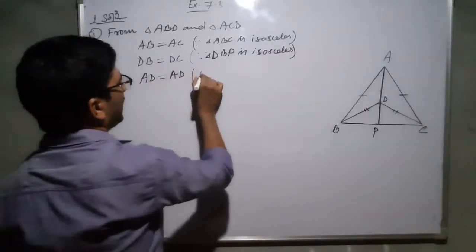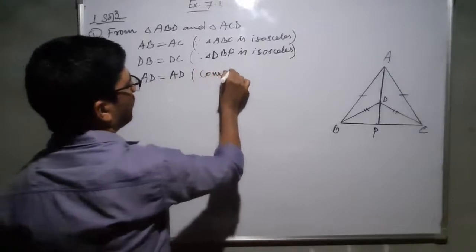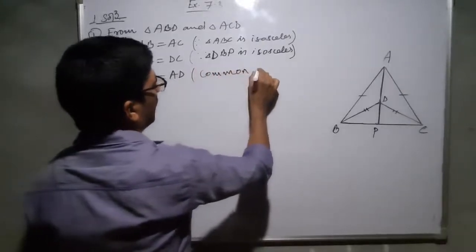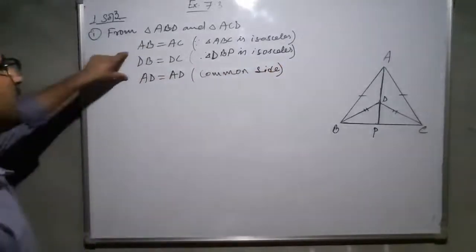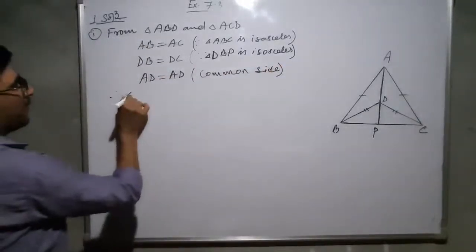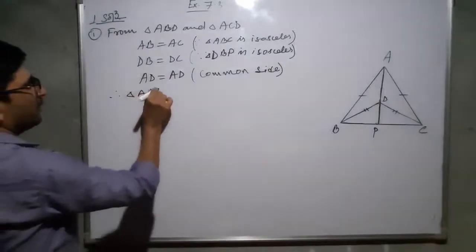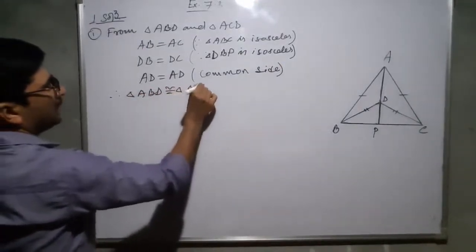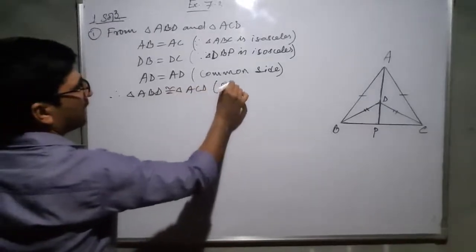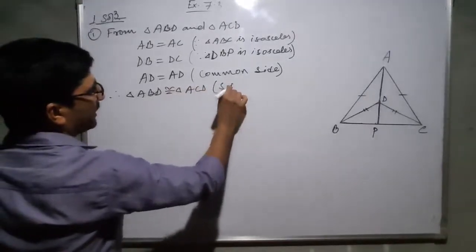This is the common side for both the triangles. So according to side, these two triangles are congruent. Therefore, triangle ABD is congruent to triangle ACD. Directly you can write according to SSS.